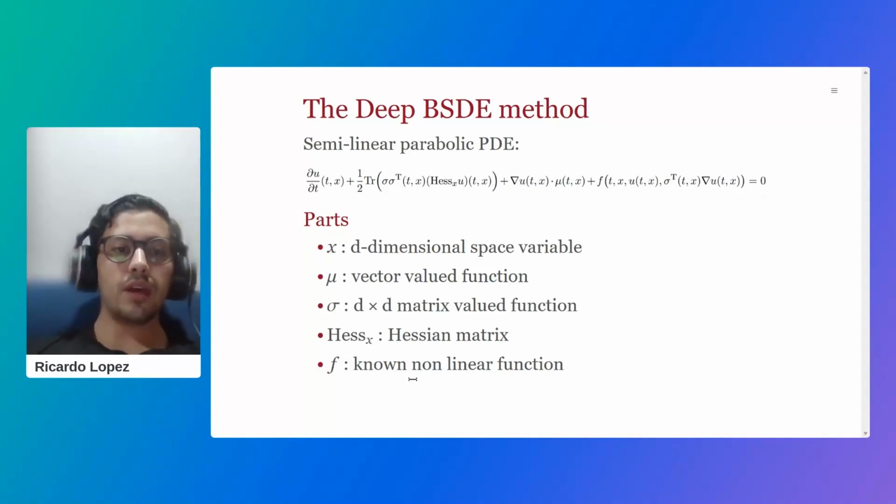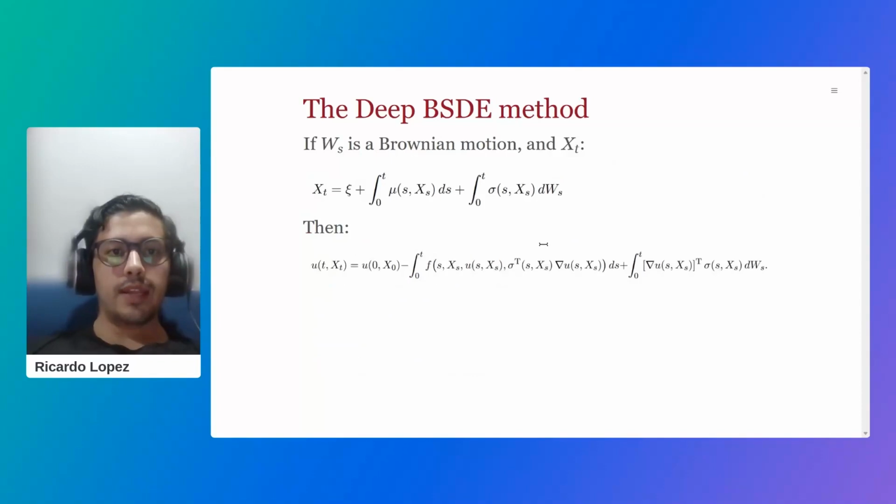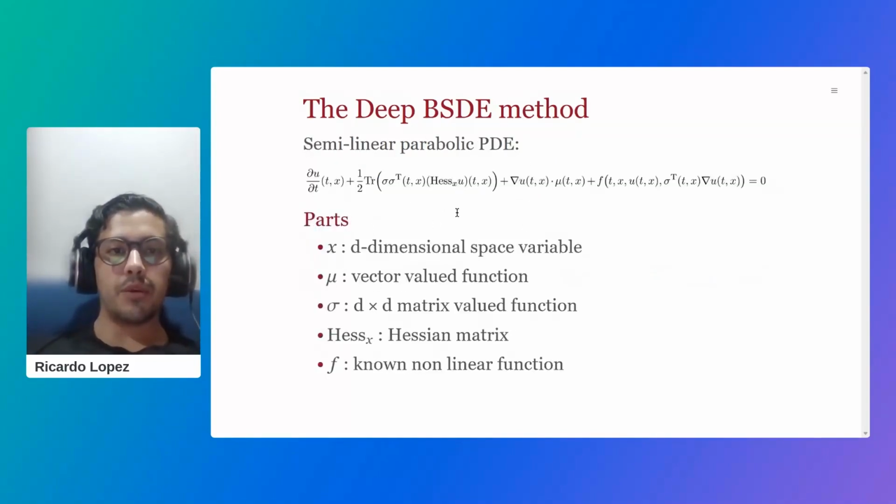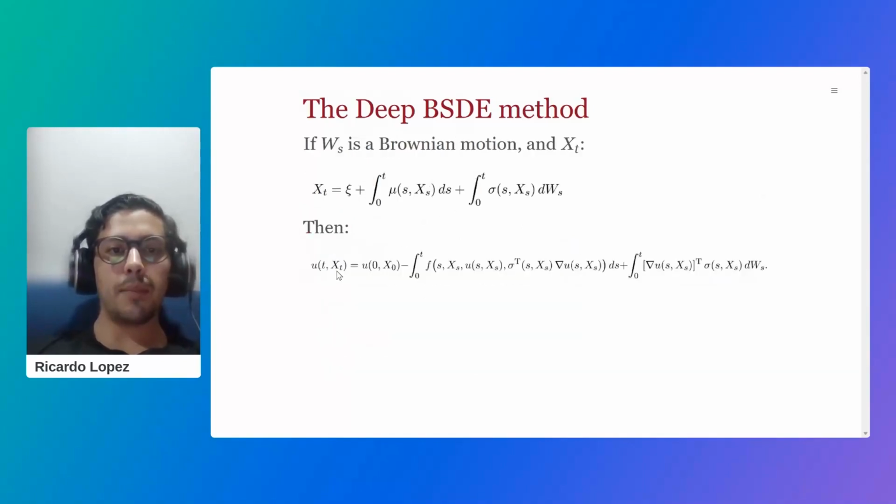Hess is the Hessian, and f is a known nonlinear function. So let's say that W is Brownian motion, and that X_t would then be a stochastic process given by this integral equation. Then using Ito's lemma, we could prove that the solution to our parabolic differential equation is given by this equation right here.